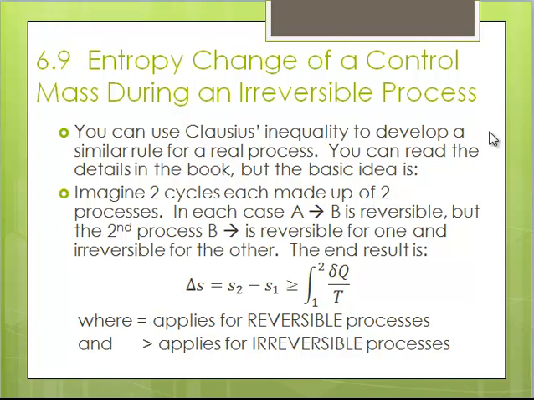I'm going to go from A to B reversibly, but I'm going to go from B back to A two different ways. In one cycle, I'm going to do it reversibly, and in the other, irreversibly. Okay?